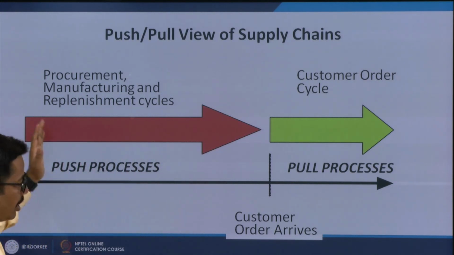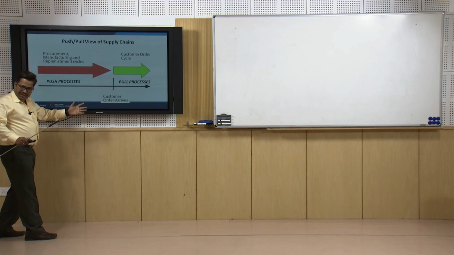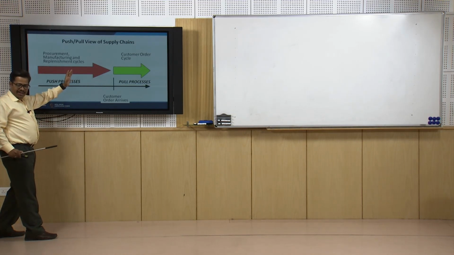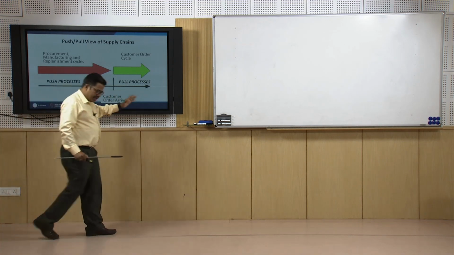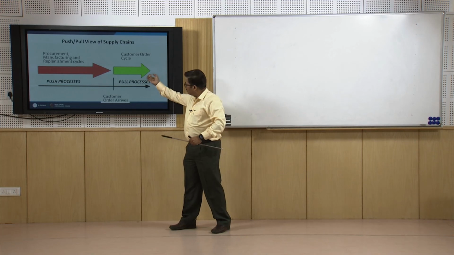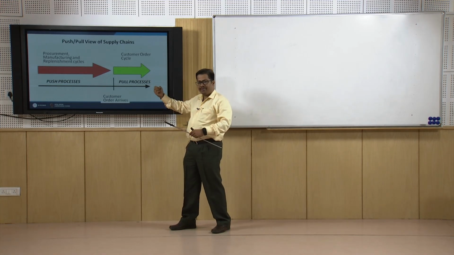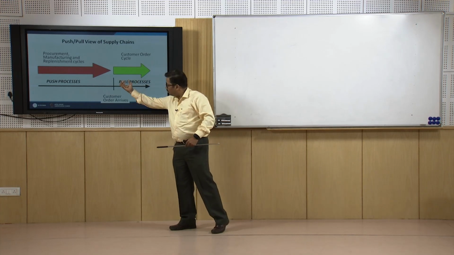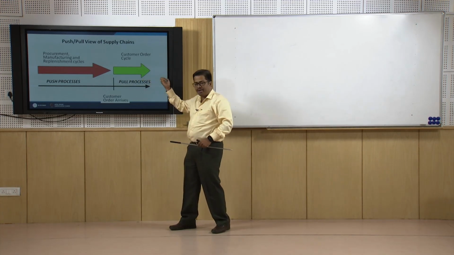So demand is there or not there, these products are forced to the supply chain, and pull processes, as the name indicates, are there because demand is there. A customer wants these products, and therefore the customer is pulling these products from the supply chain.